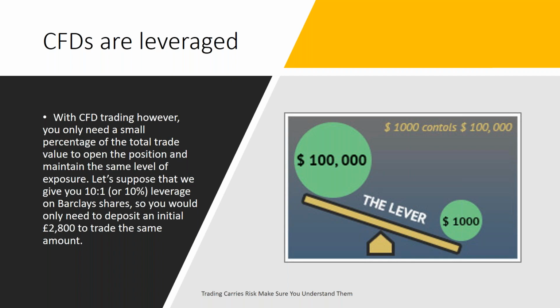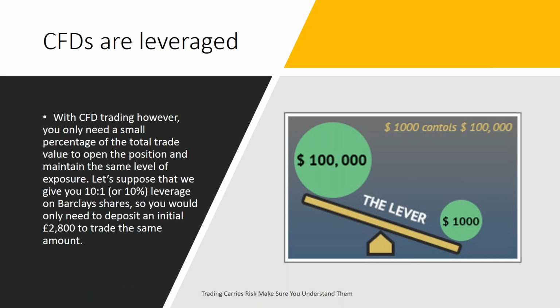That's a small amount of leverage. But in that case, you would have only needed to have 2,800 pounds in your account to trade 28,000 pounds of Barclays share, or the 10,000 shares. Now, margin is not a cost to you. It's simply a deposit. That's all it is. If your asset goes in your favor, your profit's put in your account and your 2,800 pounds is released.